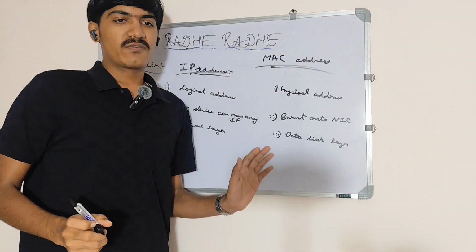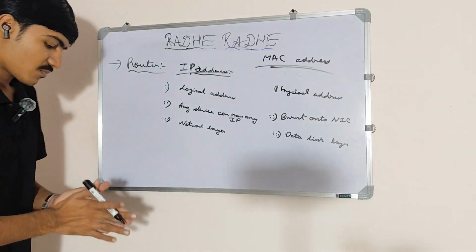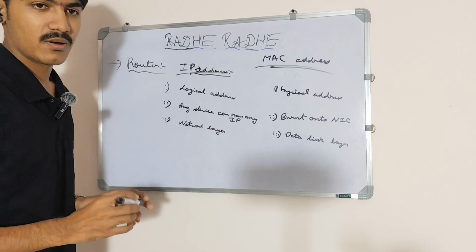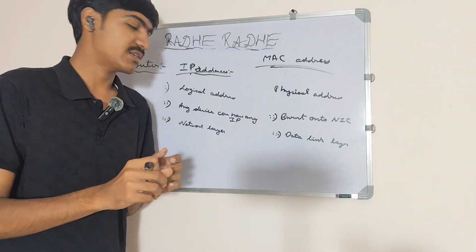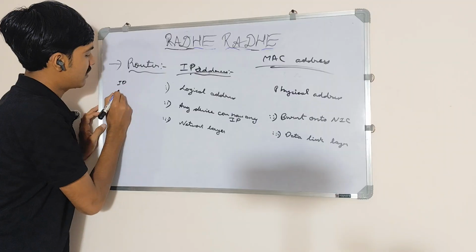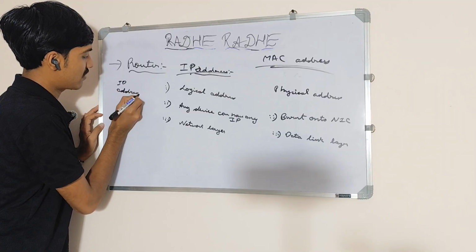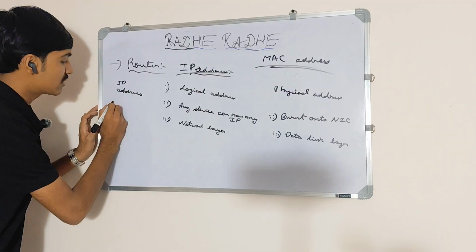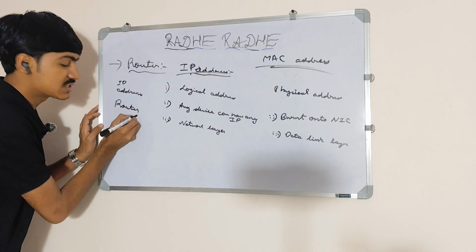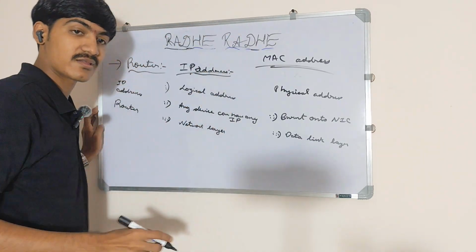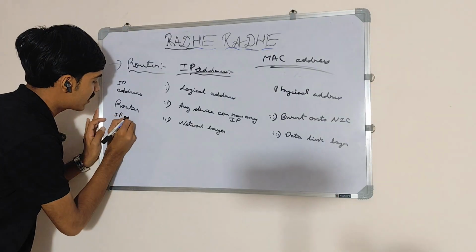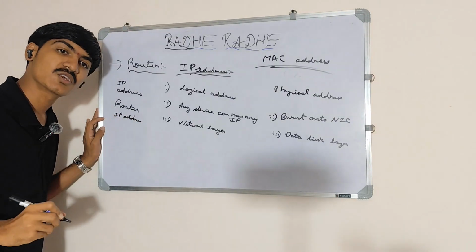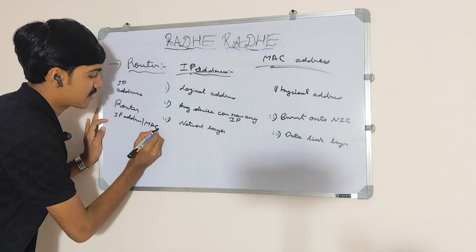Why do we need IP is the question. First of all, the internet only understands IP addresses, and the routers which forward the data packets do the forwarding on the basis of IP address, not on the basis of MAC address.